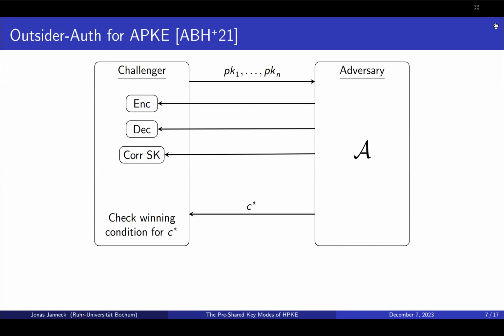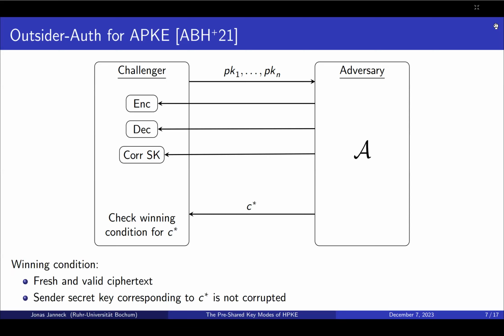And eventually, the adversary outputs a ciphertext. For this primitive, the winning condition is that the ciphertext has to be valid, or not the output of the encryption oracle, and has to verify. And since we allow corruptions, the sender secret key which corresponds to this challenge must not be corrupted.